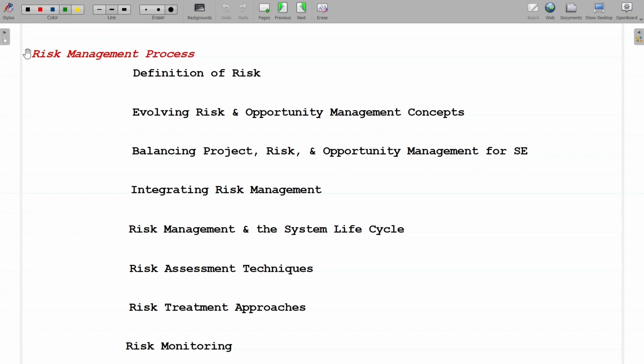The objective of risk management is to balance the allocation of resources such that a minimum amount of resources achieves the greatest risk mitigation or opportunity realization benefits.